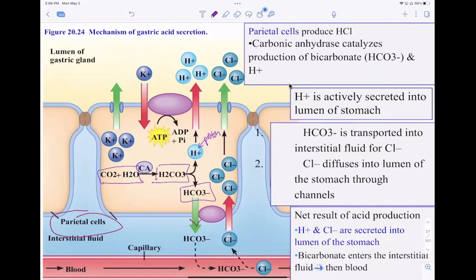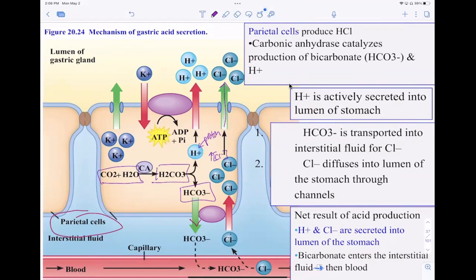So chloride goes into the parietal cell and bicarb leaves into the bloodstream. Now you have chloride building up inside the parietal cell, and then it will go through the little channel into the lumen of the stomach down the concentration gradient. So chloride's kind of a passive process.